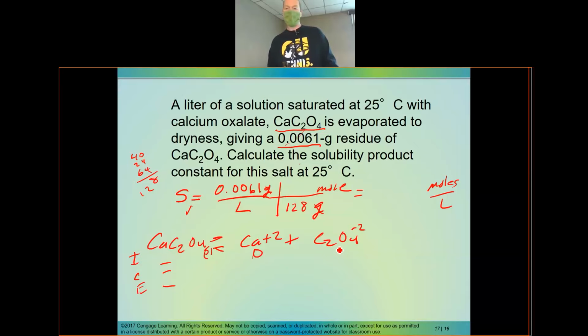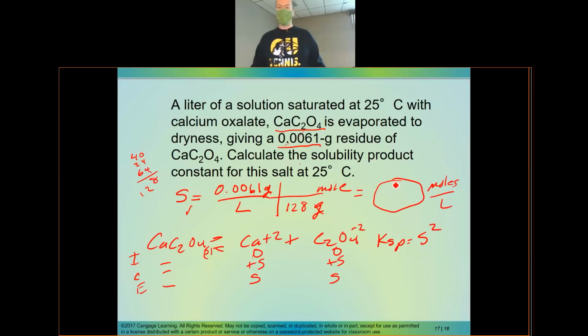We started with 0, so it had to go to the right, plus S. At equilibrium, it is S and S. And so you see that the KSP is equal to S squared. You take this number and you square it, and that will give you your KSP.